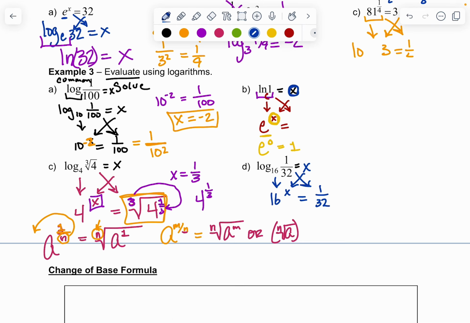All right, this one's a little complex. Pretty much what we're saying is 16 to an unknown power equals 1 over 32.